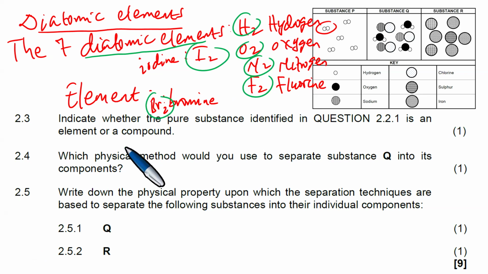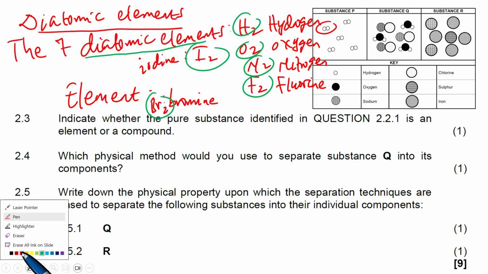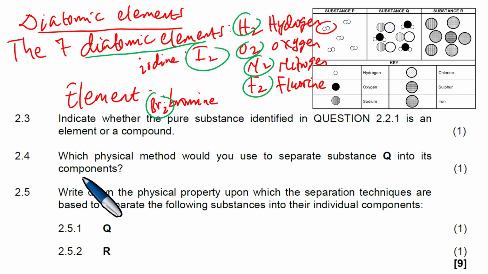Okay, let us continue and answer this chemistry paper that had been written by the grade 10 learners a couple of years back. Now in 2.4, we're asking the question, which physical method would you use to separate substance Q into its components?